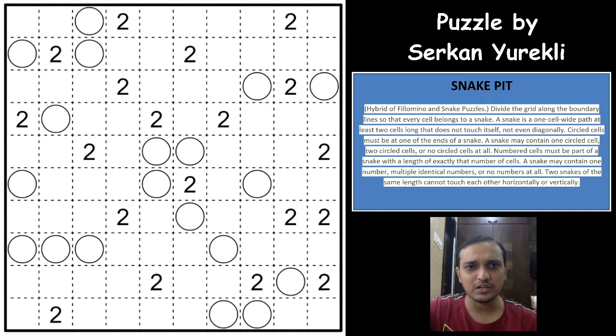So for example, let us show you that. Let us assume this is the snake, so this is the snake head and tail. It cannot touch each other at the diagonal. So this is possible, but this is not possible, right? Even if there was no 2 here, this is not possible, right? This kind of thing is not possible here.